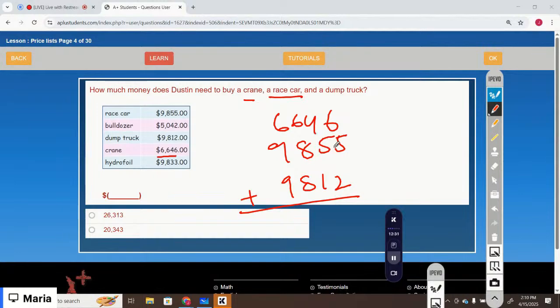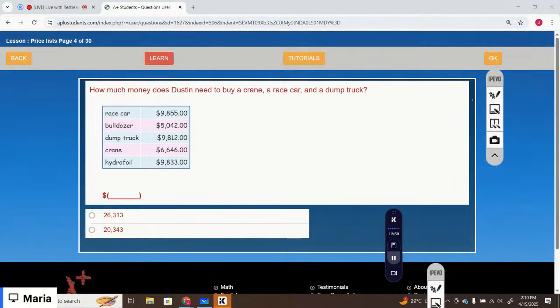So 6 and 5, 11 and 2, 13. 4, 5, 9, 10 and 1, 11. 8 and 8, 16. 17, 18, 19, 20, 21, 22, 23. 26,313. So that means Dustin needs $26,313 to buy a crane, a race car, and a dump truck. Option number one is the correct option.